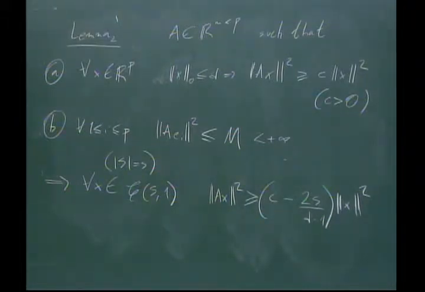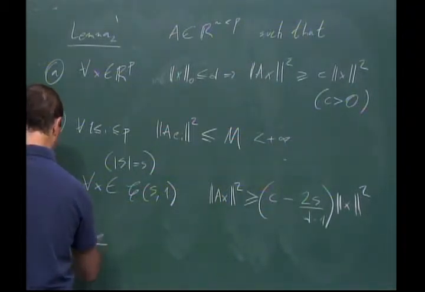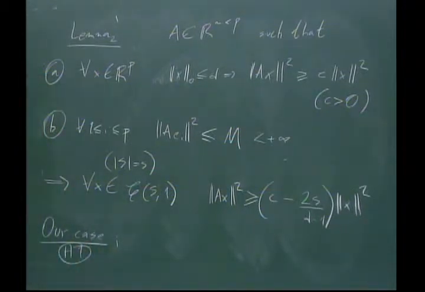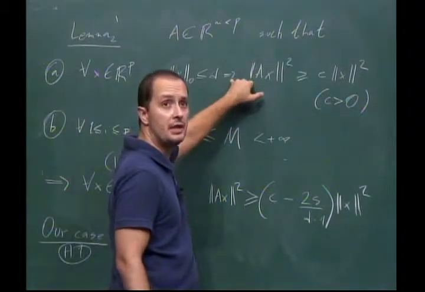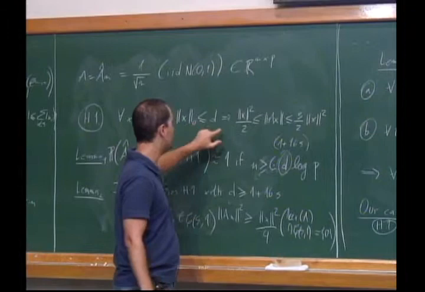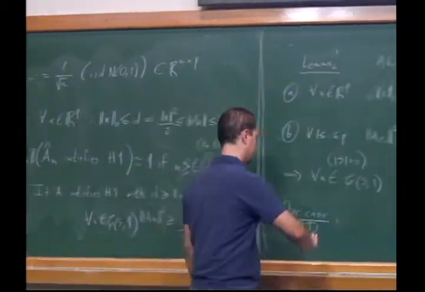In our case, if you assume this property H1, well, first of all, this first part here is satisfied, right? So under H1, if you take a d-sparse vector, you have a lower bound with a constant that equals a half.